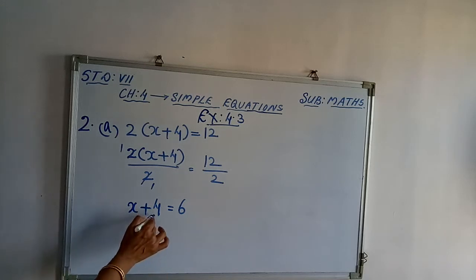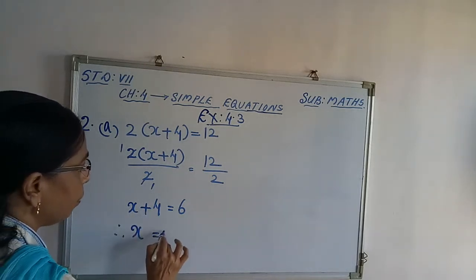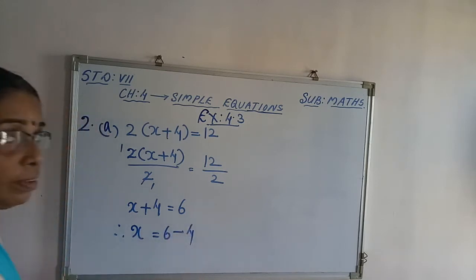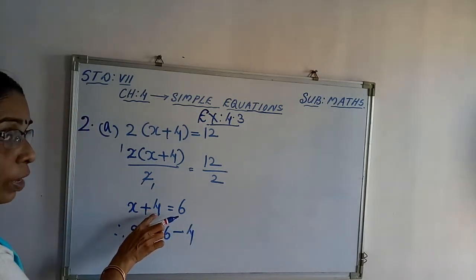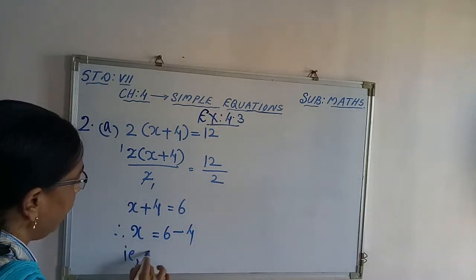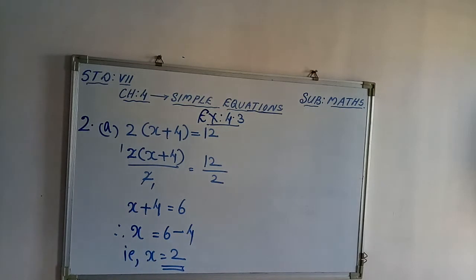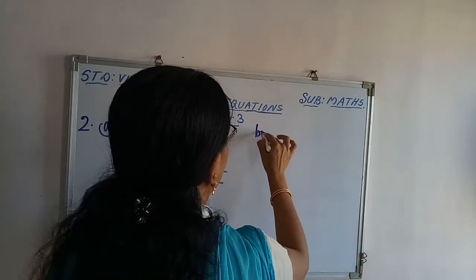Now transposing 4, that is, therefore, x is equal to 6 minus 4. Transposing 4 from LHS to RHS, that is x is equal to 2. So what will be the final statement then? Thus x is equal to 2 is the required solution. Is that clear? Now second one, that is B.